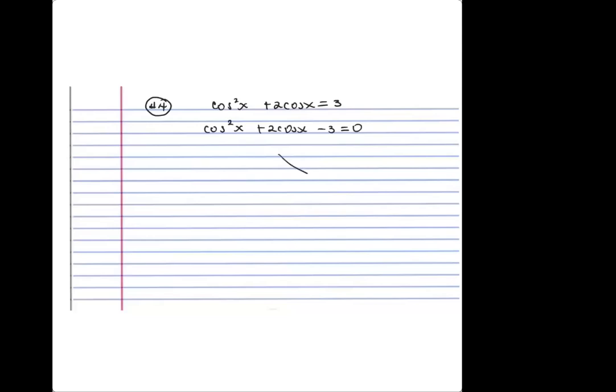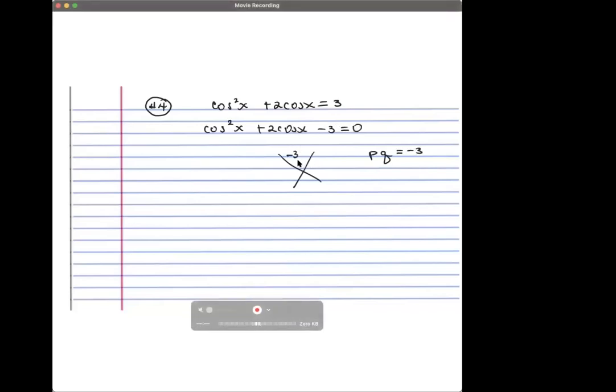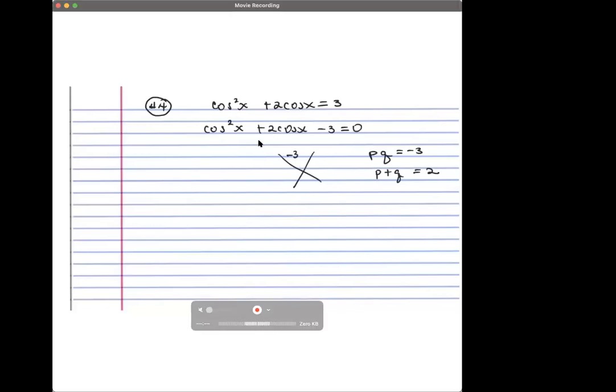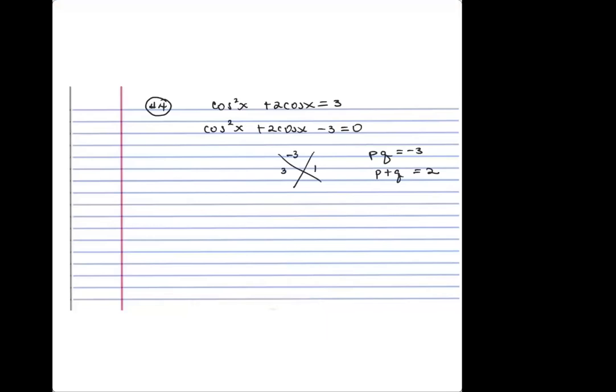So I asked myself, what are factors of 3? That means I want numbers p and q that multiply to equal -3. I said factors of 3, I meant to say -3. That add to 2. So in other words, I want p plus q to equal 2. So there aren't that many factors of 3. There's only 3 and 1. The only thing I have to worry about is the sign.